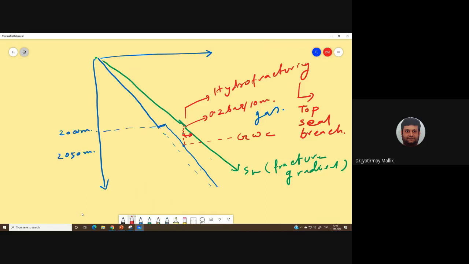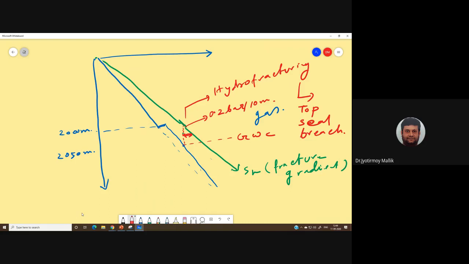Okay, but if it is not the case, I will still have a drilling window, but the drilling window is very, very reduced. So in this particular case, I have to be very precise while I design my mud density to drill this particular section, because of the presence of this gas.